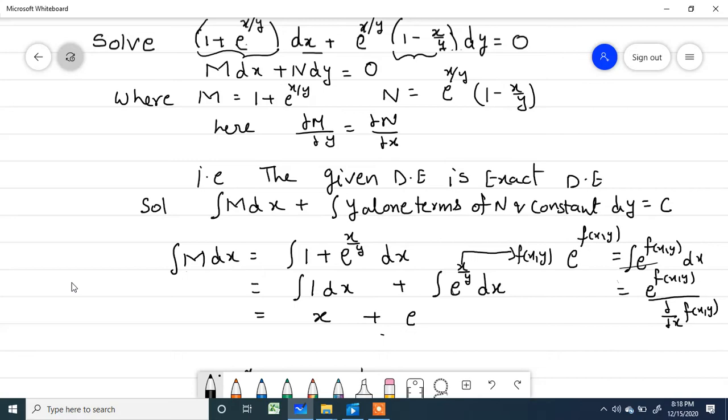So that e power x by y divided by dou x of f of x comma y, that is x by y.